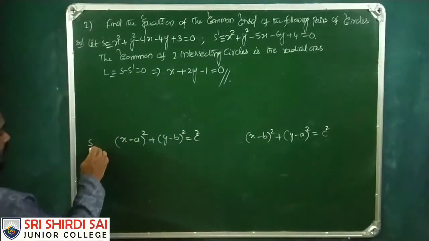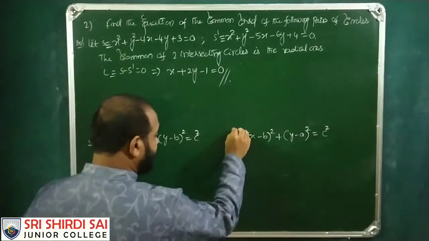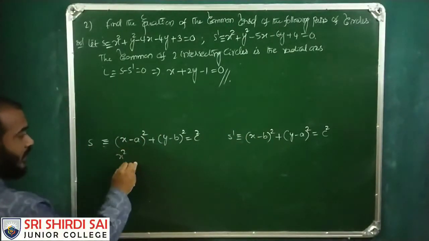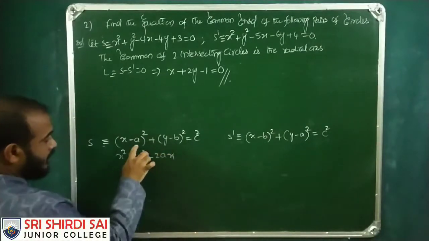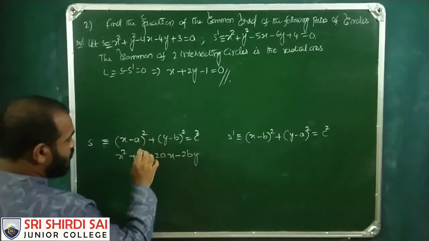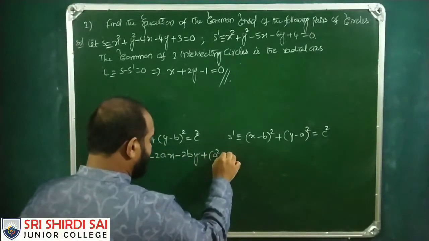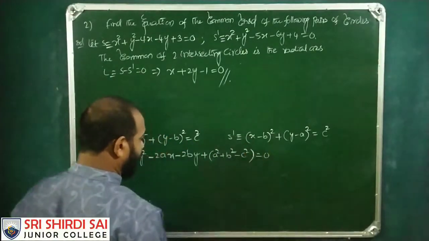So let this be S and this be S dash. S is equals to x square plus y square minus 2ax minus 2by plus a square plus b square minus c square equals to 0.